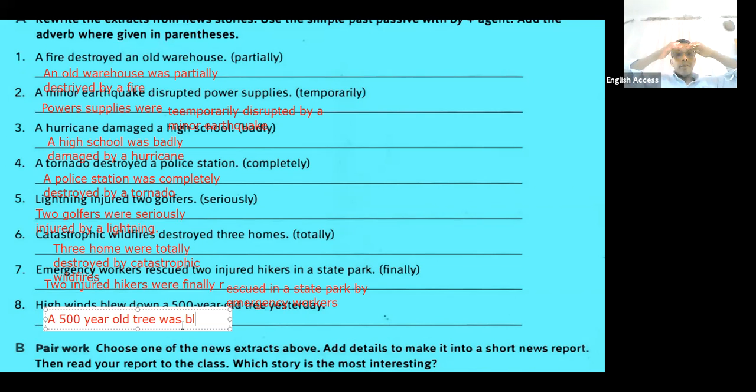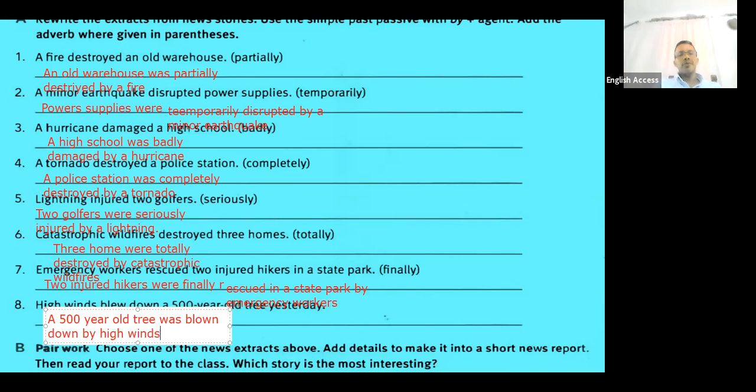Todos los verbos parecidos como fly, flew, flown. Right? Blown. Was blown down by high winds.